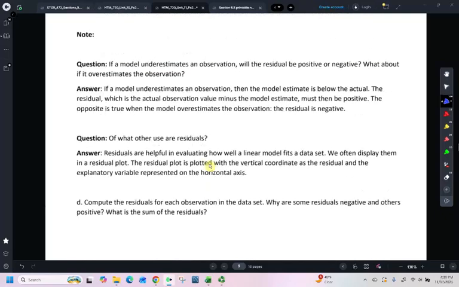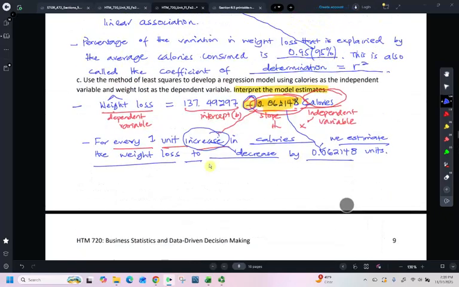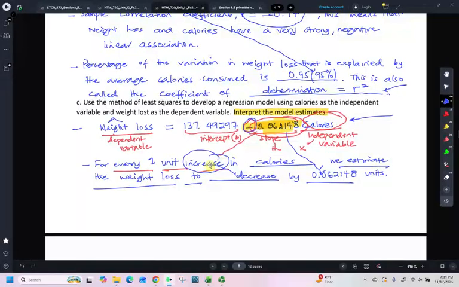Okay. Now, with that said, we have seen how to generate the model, how to look at our coefficient of determination, and how to interpret that too. But we do have an intercept here. Does it have a meaning? Well, when calories consumed is equal to 0, that is, if we set this value to 0, 0 multiplied by this will give us 0, and 137.49 minus that 0, you have 137.49.